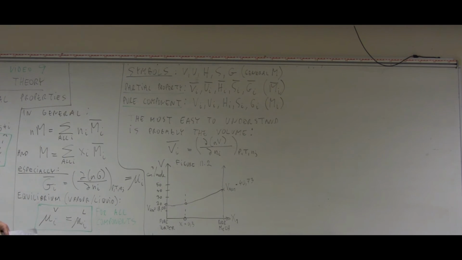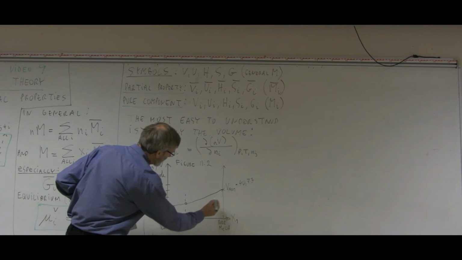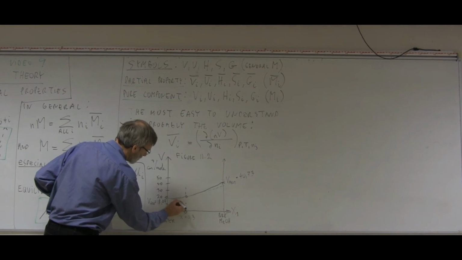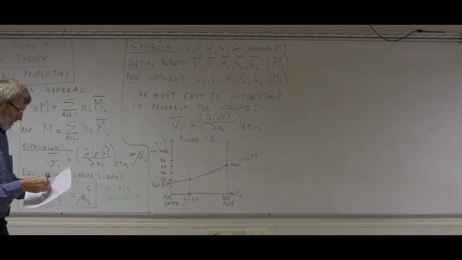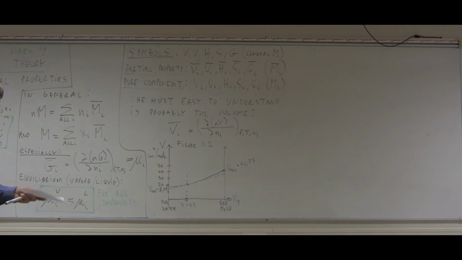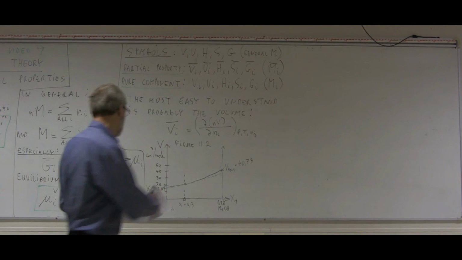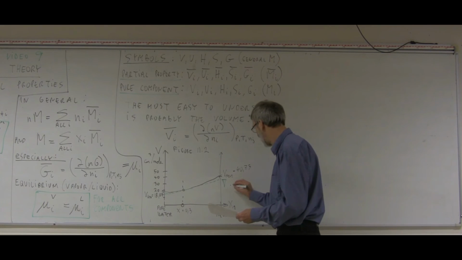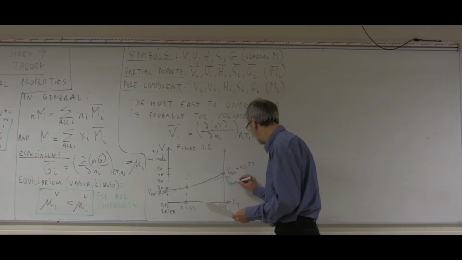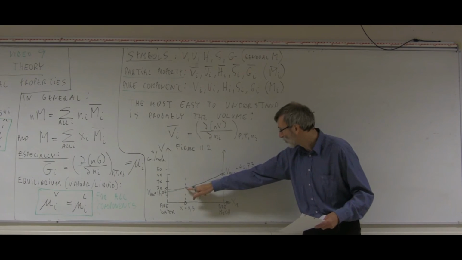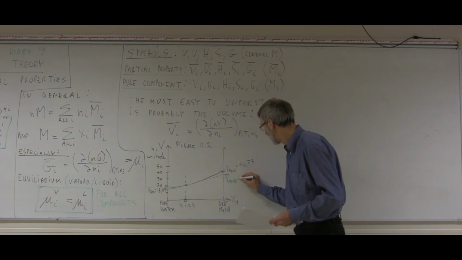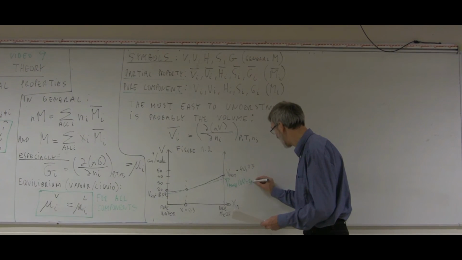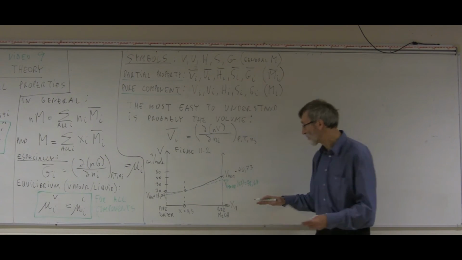And if we take a tangent in this point, we can read the partial volume of methanol in that point. That is 38.63.